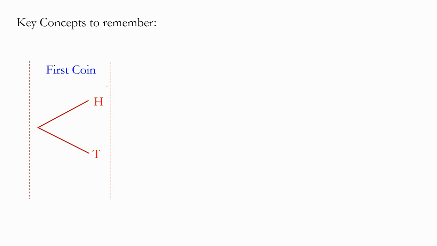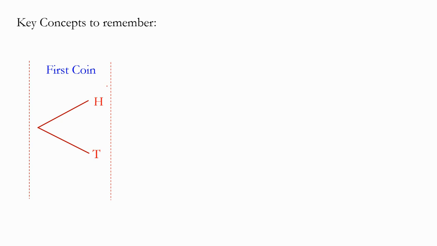Now what do we do with the outcomes of the second event, which is the second coin? If we got heads from the first coin, then from the second coin we'll get heads or tails still.